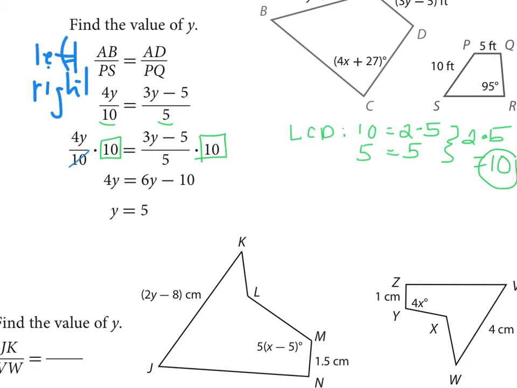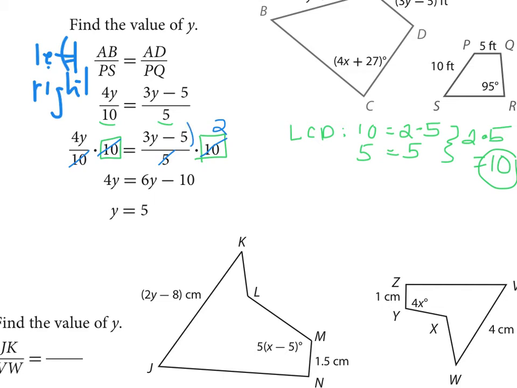So 10 has a common factor here in the denominator and numerator of 10, and then my 5 goes into 10 twice, okay? Or we can think of how the 10 is the same thing as 2 times 5, so it would cancel out the 5 part of the 10 and leave a 2 behind.